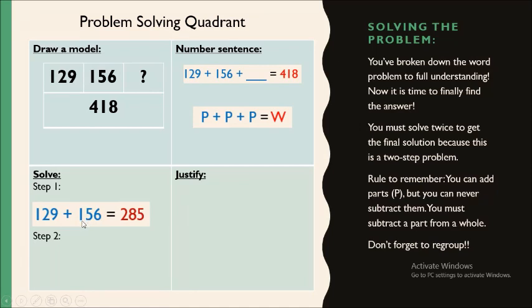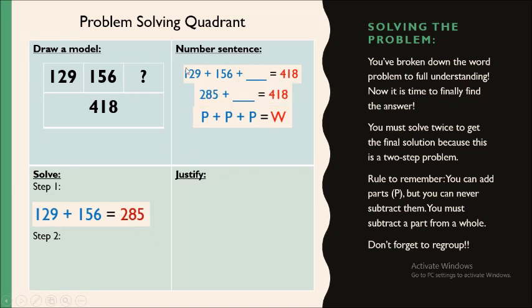And if you regrouped correctly, you will know that 9 plus 6 equals 15, which puts a 5 in the ones place. You would carry 1 over to the tens place, add it with the 2. 1 plus 2 is 3. 3 plus 5 equals 8, so there would be an 8 in the tens place. 1 plus 1 equals 2, so there would be 2 in the hundreds place. 129 plus 156 should equal 285.